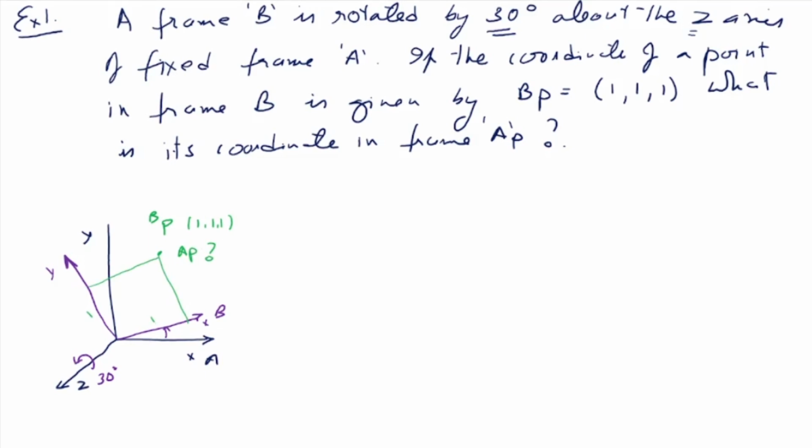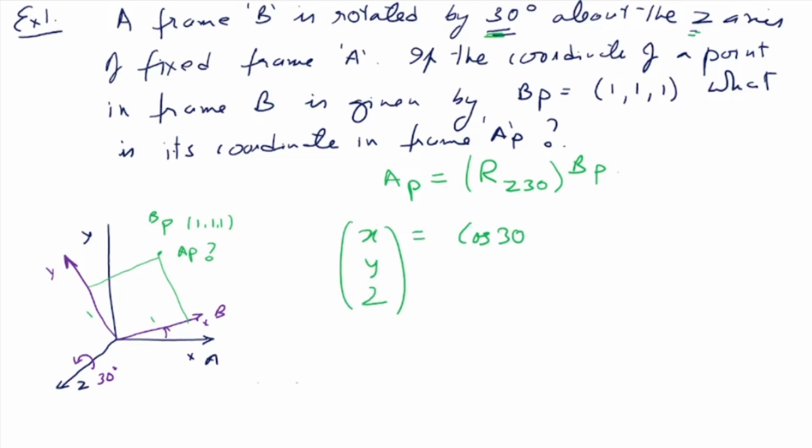So two things to note, it is rotation of 30 degrees about the z-axis. So my equation is AP is equal to the rotation matrix Z by an angle 30, into BP. So what is AP, X, Y and Z? This is equal to, the rotation matrix is cos 30. If you have forgotten, you can just have a look at the previous one.